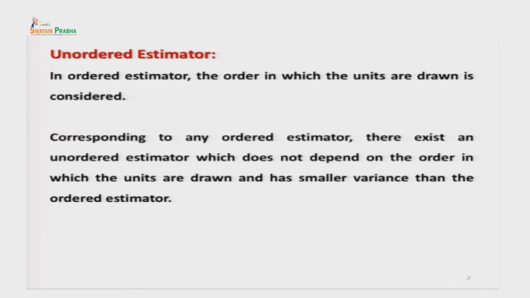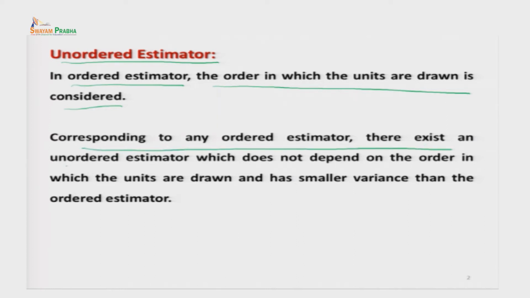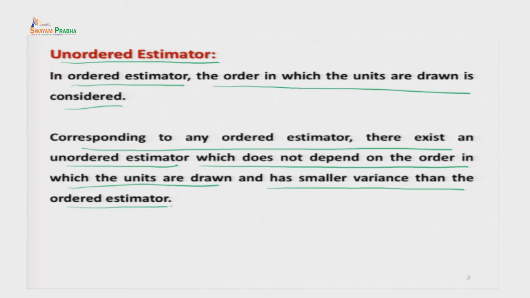Now we are going to talk about the unordered estimator. When we considered the ordered estimator, the order in which the units are drawn was considered. Corresponding to any ordered estimator, there exists an unordered estimator which does not depend on the order in which the units are drawn and which may have a smaller variance than the ordered estimator. Don't you think this is pretty good news?